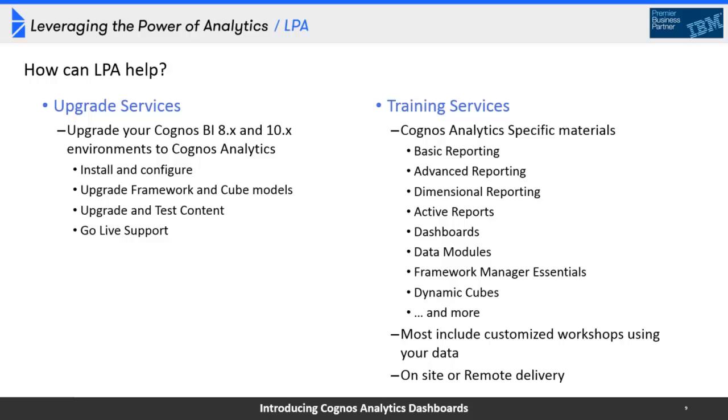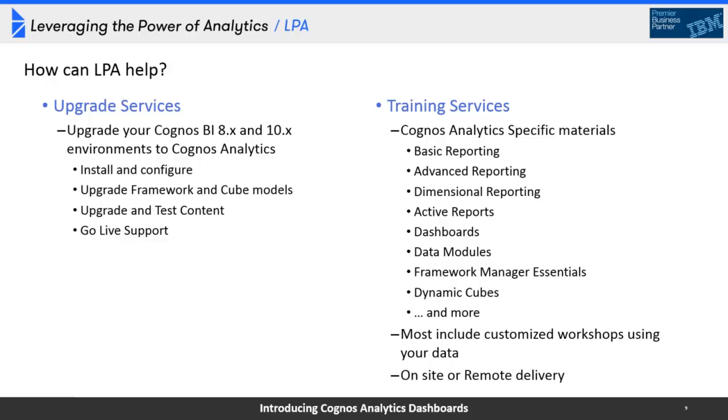The other thing that's most commonly asked about and that we have a great history and pedigree in is training. Now we have updated all of our materials to be Cognos Analytics specific. We have a basic reporting class that's 1 day that teaches the basics of the new reporting tool. Advanced reporting gets into more depth in terms of features and functionality in that tool.